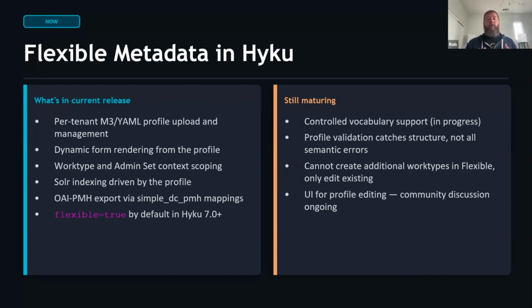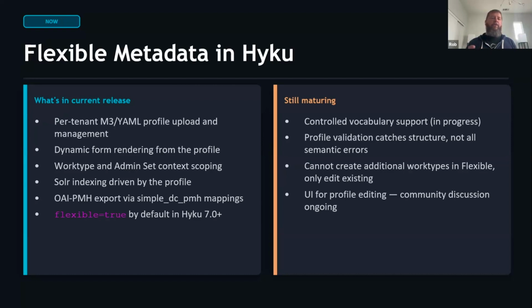Some things that we're still maturing and working on actively are controlled vocabulary support, which has made significant progress over the last 3 or 4 months or so. Then profile validation. This is one of those things where the more upfront validation we can do on your profile, the better off, and the fewer semantic errors you can introduce.